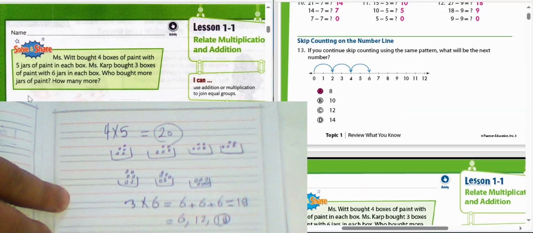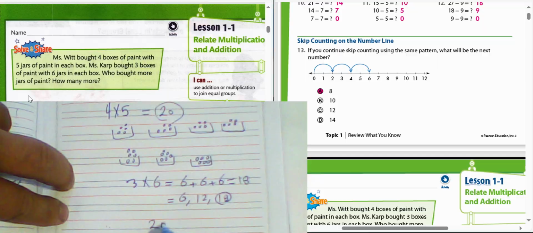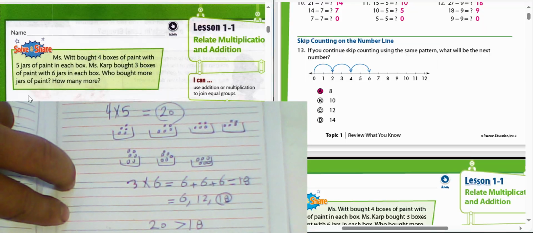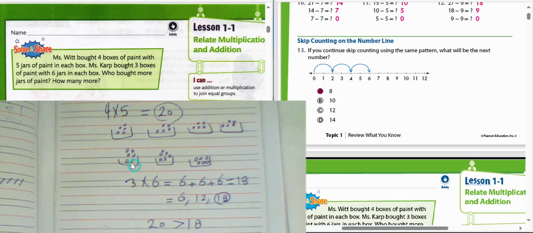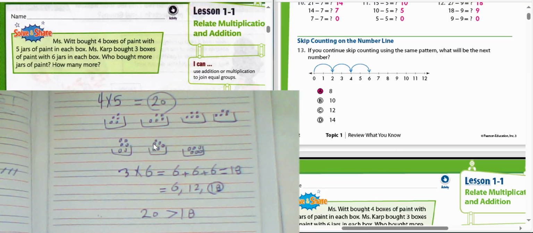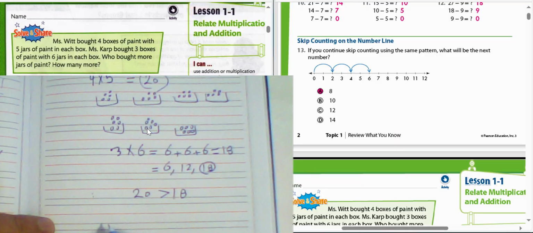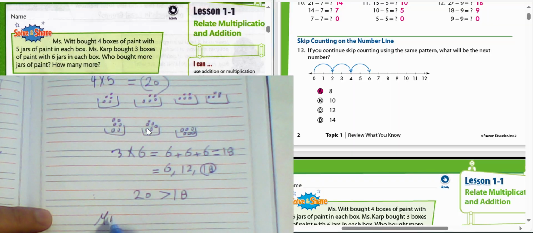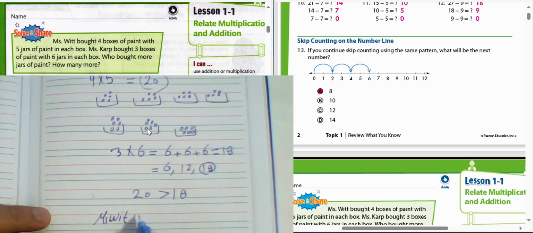We know 20 is greater than 18. Then we can find the difference. He asked who put more.